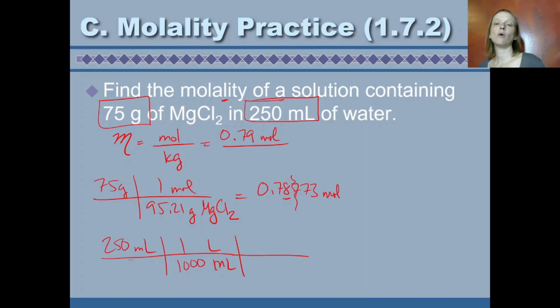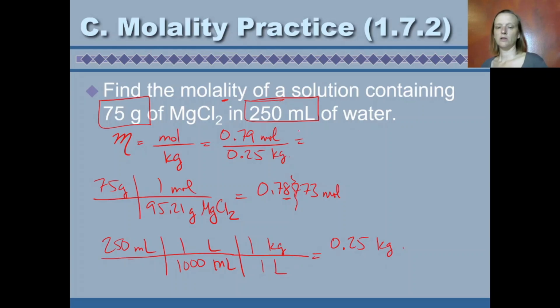And once I have 1 liter, I know that 1 liter is the same as 1 kilogram. So I just need to convert to liters, and then my number of liters is equivalent to the number of kilograms. So when I do the math here, I end up with 0.25 kilograms. And that's the value I put in the bottom of this division problem, 0.25 kilograms.